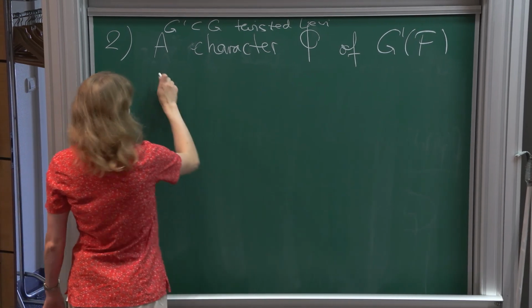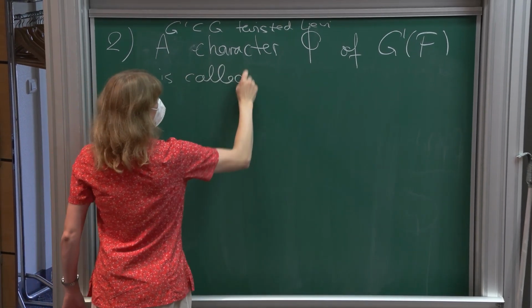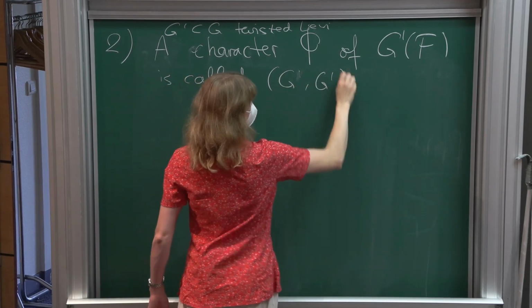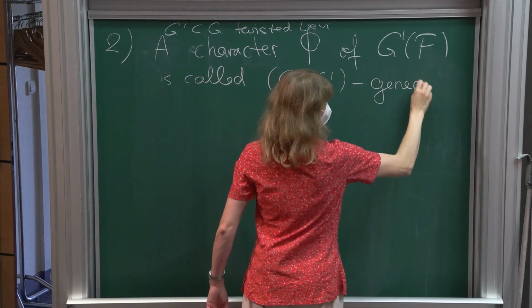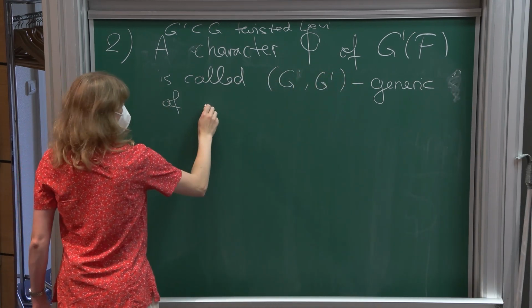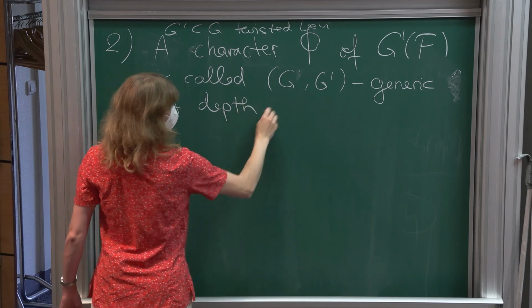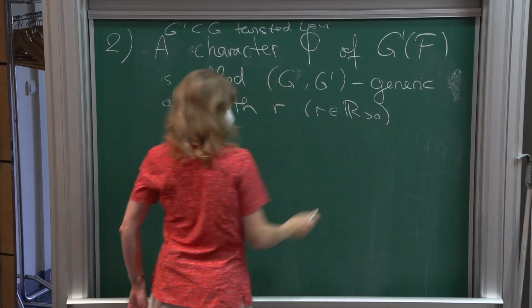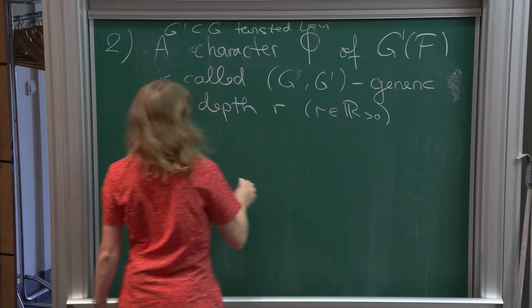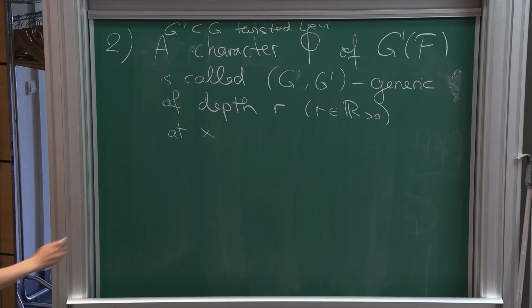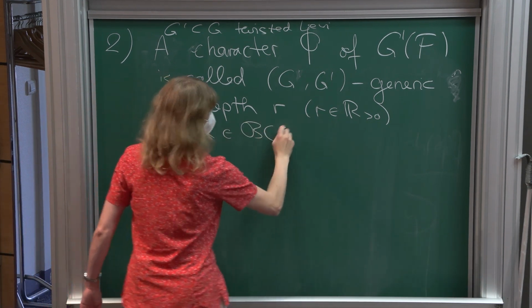And a character of G prime is called generic of depth R, where R is some positive real number, at a point X inside the building of G prime.